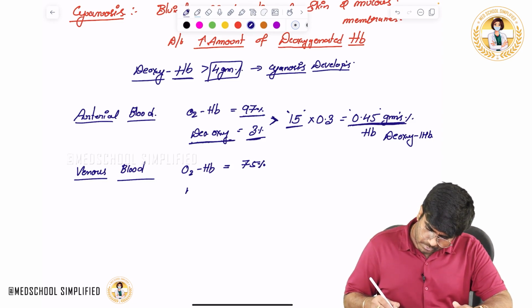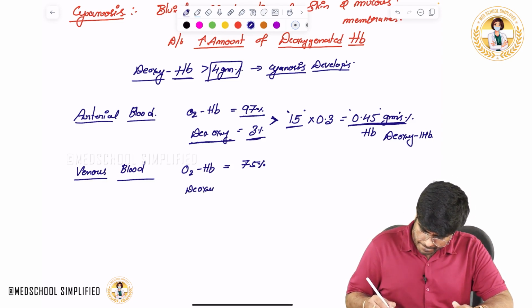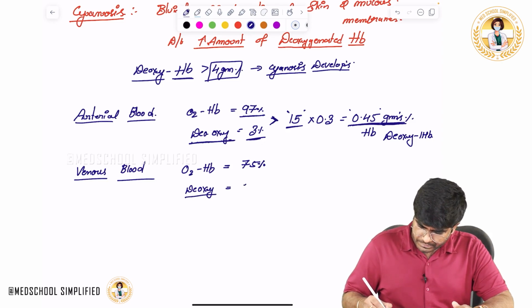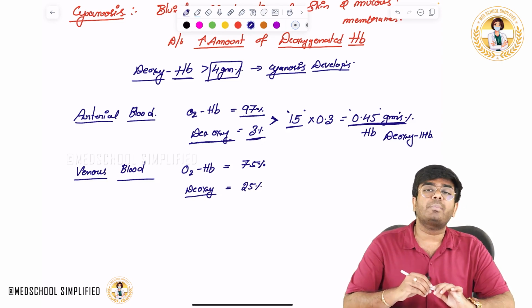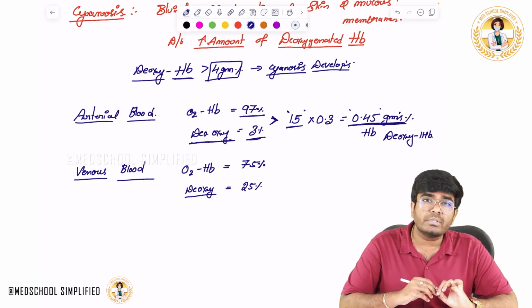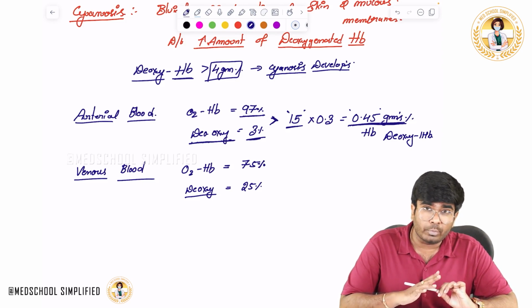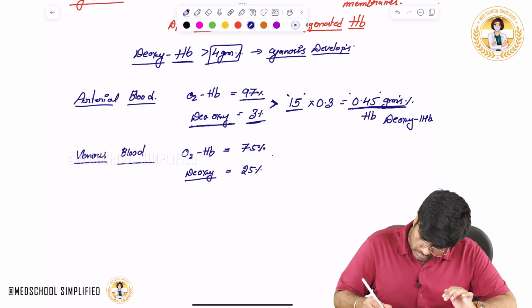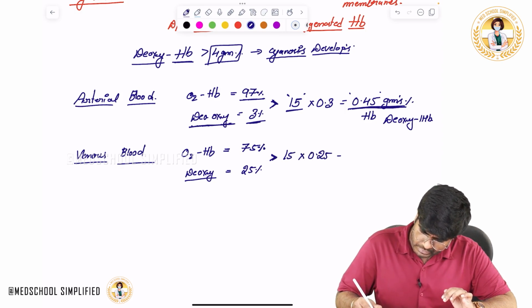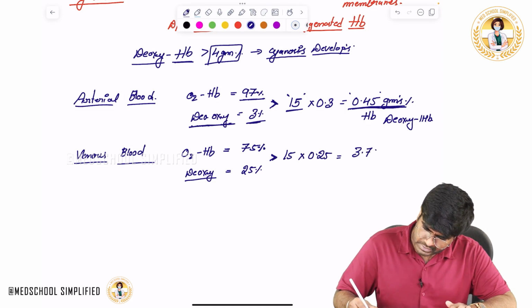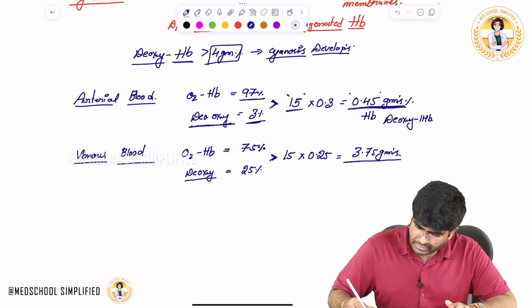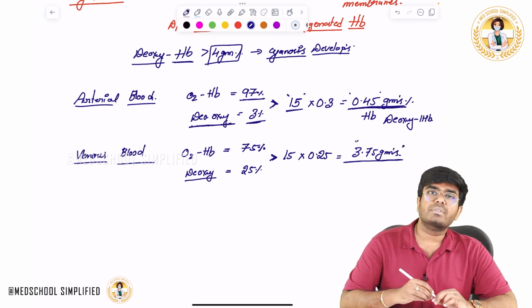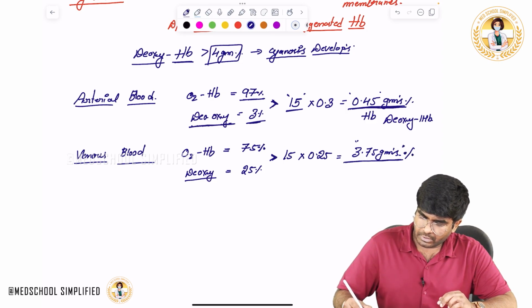And how much deoxyhemoglobin? 25% of the hemoglobin is deoxyhemoglobin. Now 15 into 0.25 will be 3.75 grams. So in the venous blood, 3.75 grams of hemoglobin is deoxygenated hemoglobin.